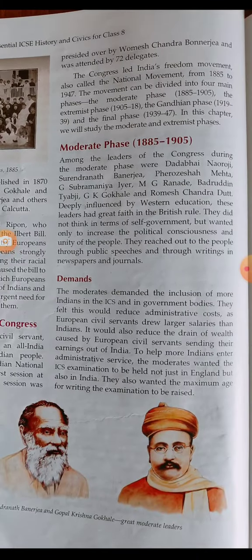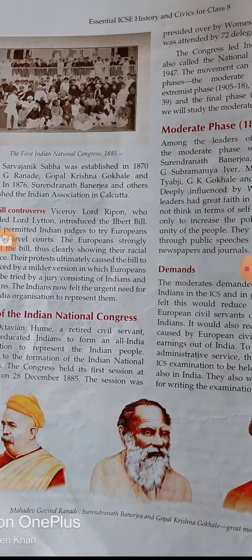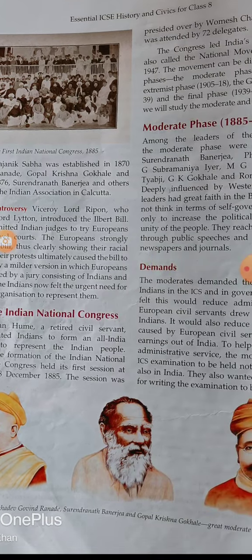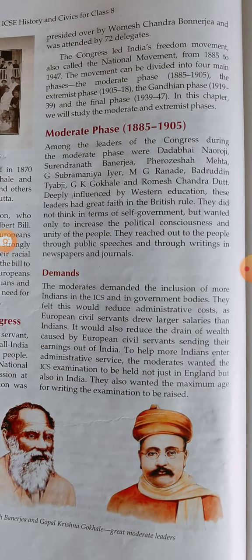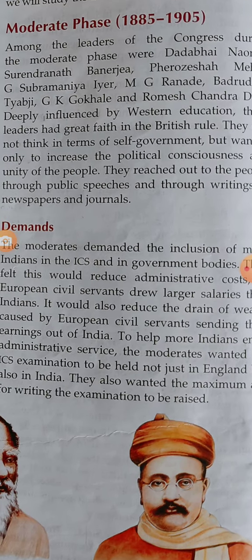Then what were the demands of such leaders? You can see the pictures here also: M. G. Ranade, Surendranath Banerjee, Gopal Krishna Gokhale, these are the leaders. So what were their demands?